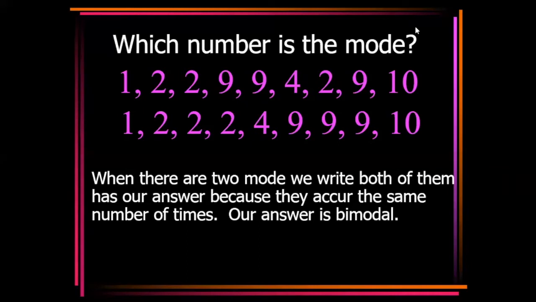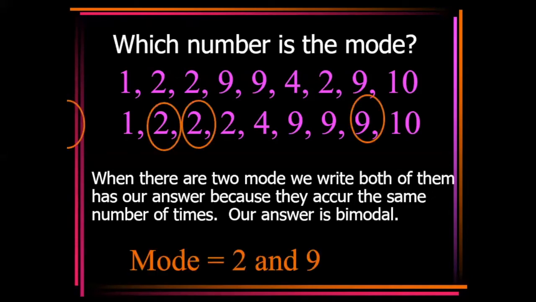Now, when there are two modes, we write both of them as our answer because they occur the same number of times. Our answer is bimodal. Yes, the mode of this example is 2 and 9. 2 and 9 appear 3 times in this example.